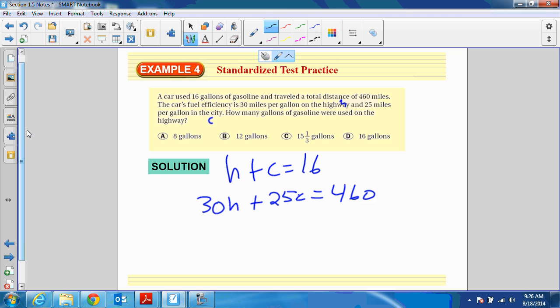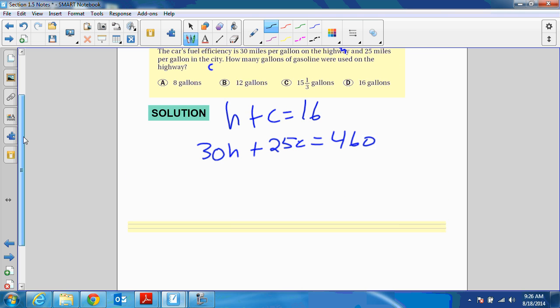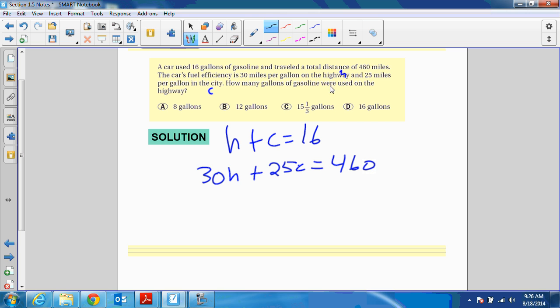Okay. So then I'm going to either solve by substitution or elimination. In this case, I think I'm going to solve by substitution, but you could solve by elimination. I want to find how many gallons we used on the highway. So I'm actually going to solve for city, so then I can plug that in for highway. It doesn't matter how you do this, but I'm going to get one of the variables by itself. So let's do H plus C equals 16.